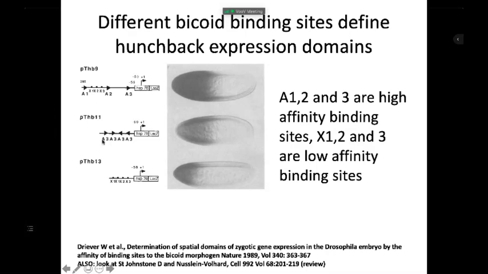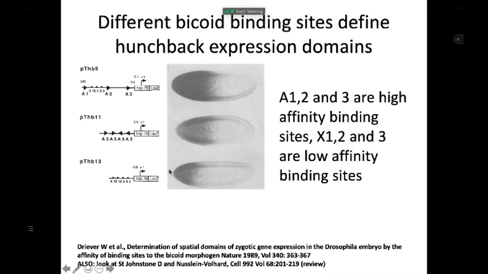If we look at just a fragment that contains high affinity binding sites, we get lower levels of expression overall, but they're spread to the right correct region of the embryo.